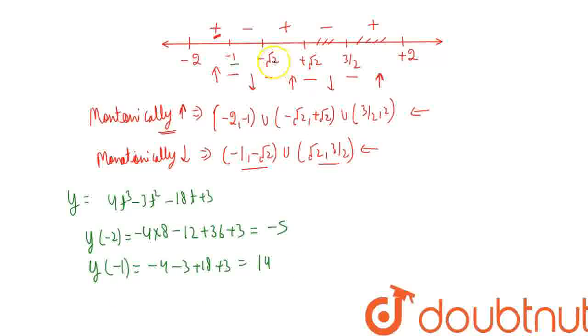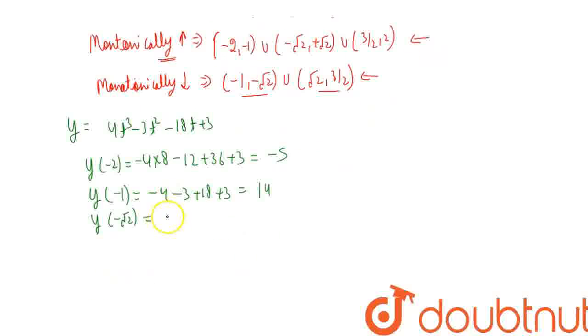After this we are going to find y of -√2. Here y of -√2 is 4 into -√2 whole cube. That would be 2 into √2 with the minus sign, so we have -2 into 4, that is 8 under √2.